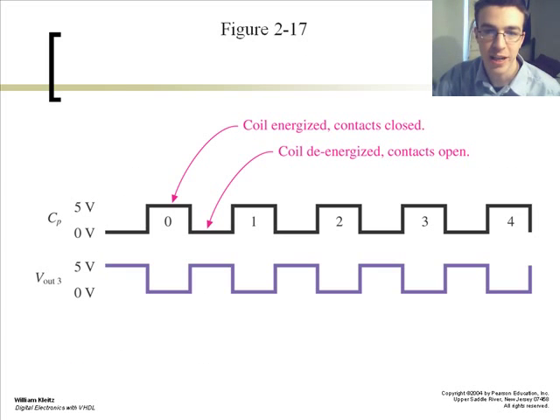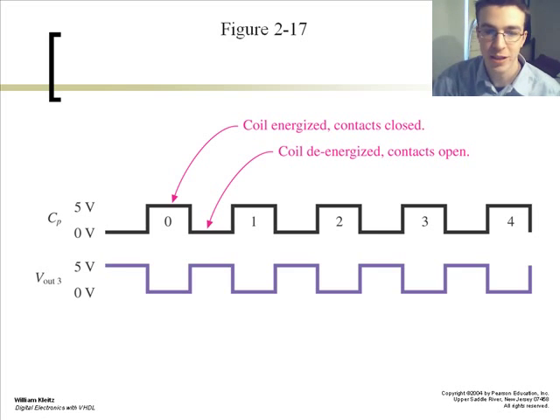This is a timing diagram for that relay. You have your clock pulse 5 to 0 volts and your output of 5 to 0 volts. This basically determines that when you have your 5 volts, meaning the coil is energized and the contacts are closed, your output is off, meaning you have a normally closed relay.